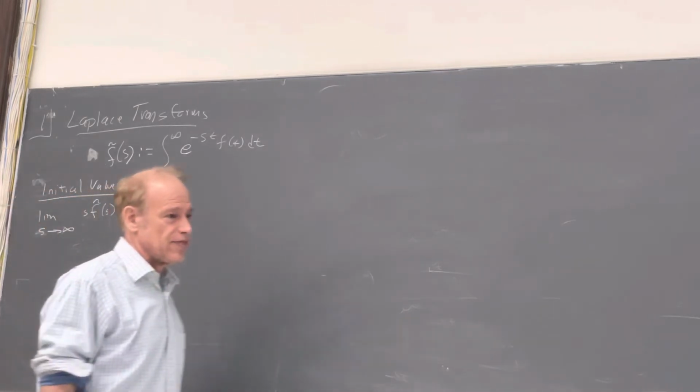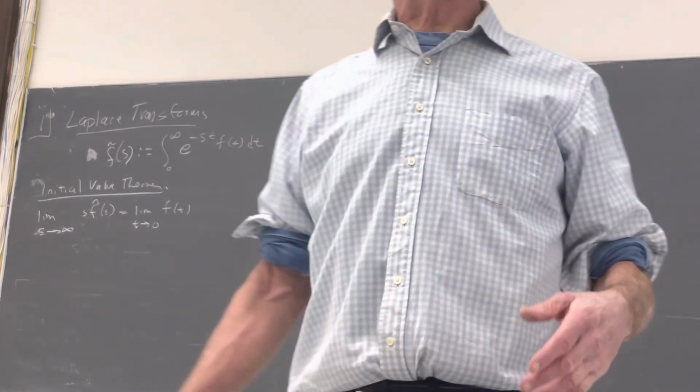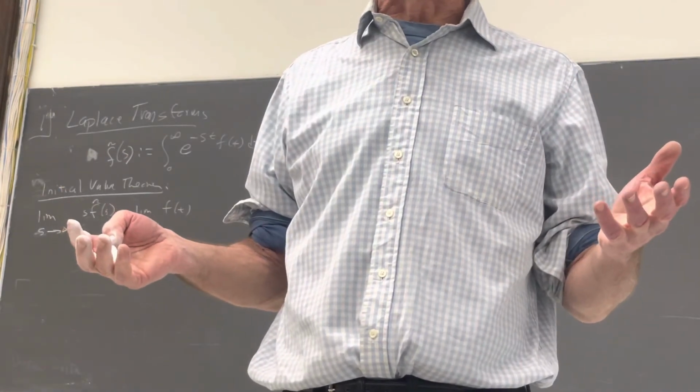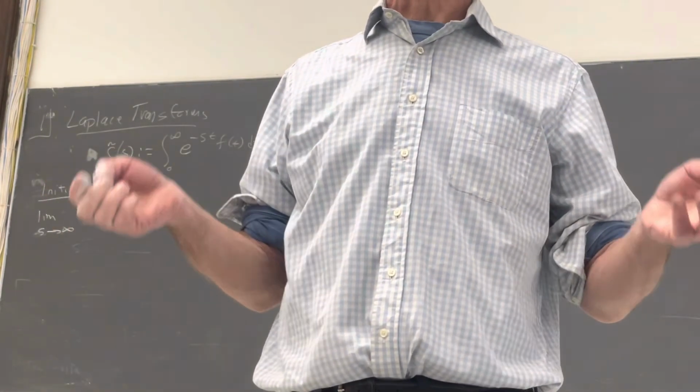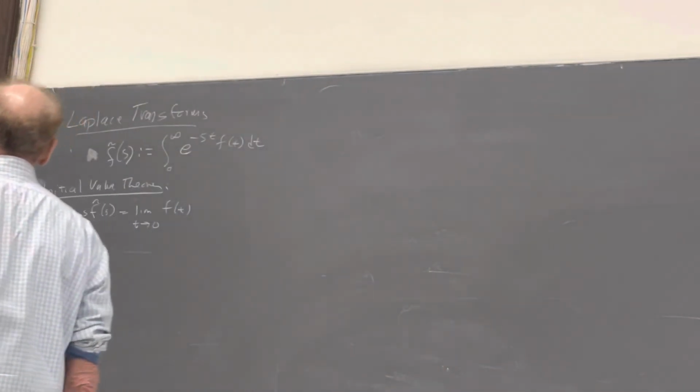Let's just make sure I got that right. Yes. Okay. So you might say this isn't all that useful. Don't I know what the initial condition is? But the initial condition is built in also. So let's see what that is.